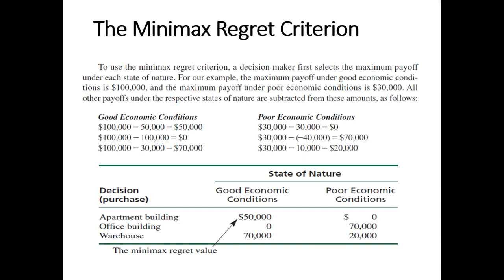So now let's look at these values. Apartment building 50,000 and 0, office building 0 and 70,000, warehouse 70,000 and 20,000. Now how should we select which option is the best to go for? Here the rule is to select the value which is the minimum.